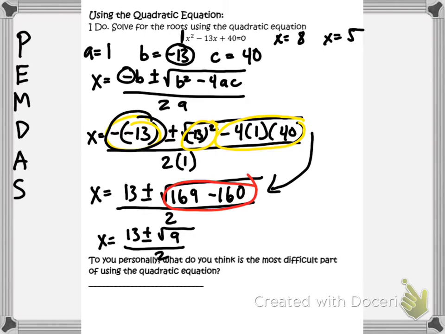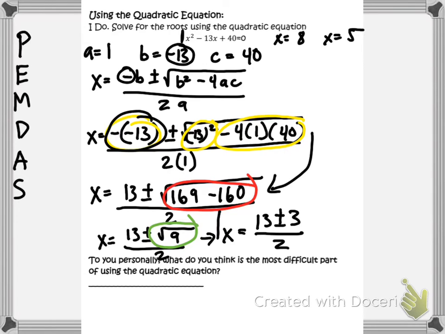Hey, I know what the square root of 9 is. The next thing we're going to do is simplify the radical. So x is equal to 13 plus and minus 3 over 2.